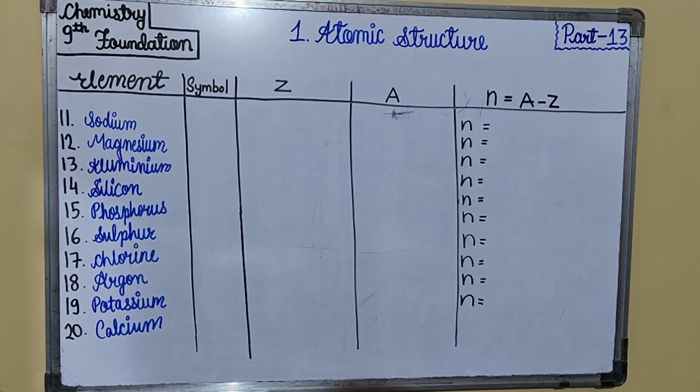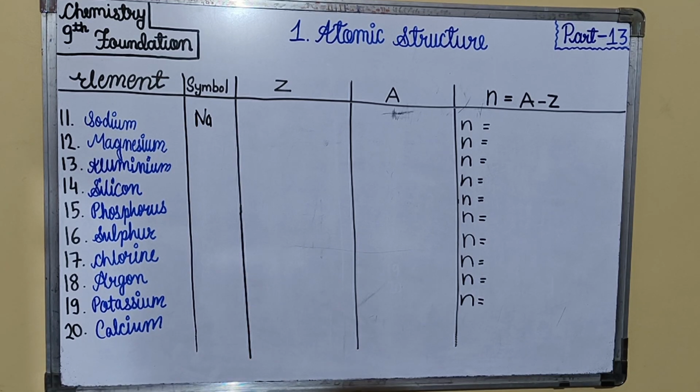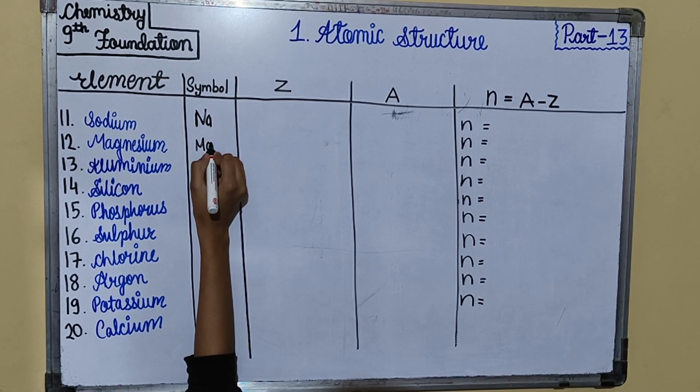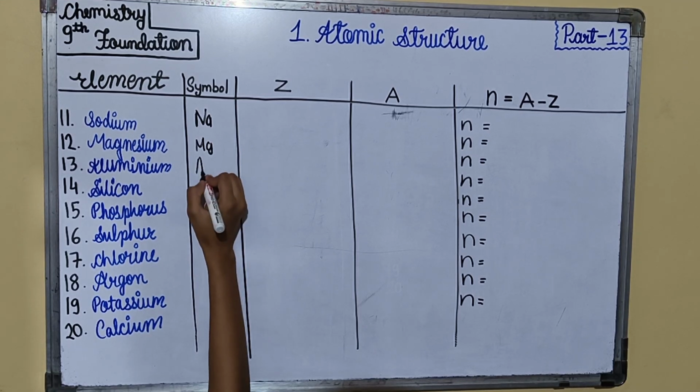Now, symbol of sodium is Na because it is derived from sodium's Latin word, that is natrium. Symbol of magnesium is Mg. Symbol of aluminium is Al.